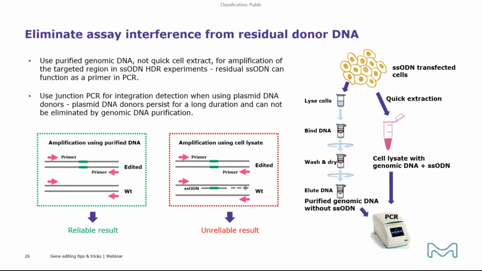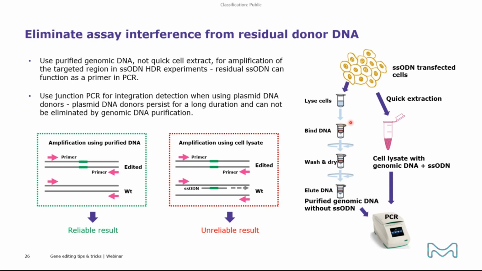For HDR gene editing experiments using oligos as donors, we recommend purifying the genomic DNA using a bind and elute genomic DNA purification kit before target amplification and sequencing.